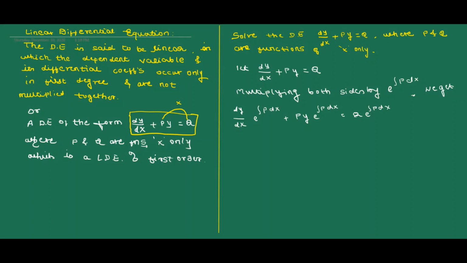We just multiplied both the sides by e raised to integration of p into dx. Say this is equation number 1.